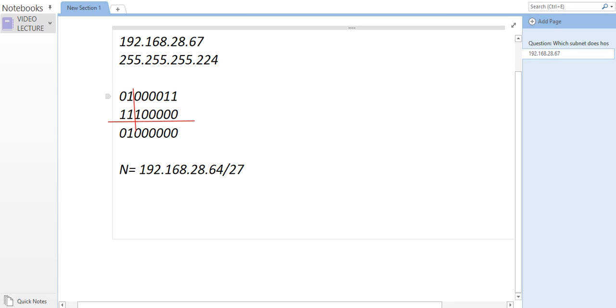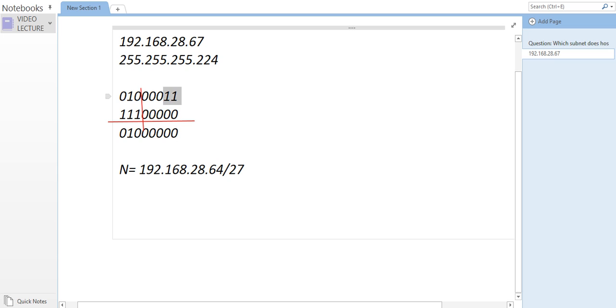So this is where my demarcation point stopped, because it's CIDR 27, 224, so it has to go here, not there but here. So CIDR 27, 3 bits borrowed, and then you have 5 bits remaining.